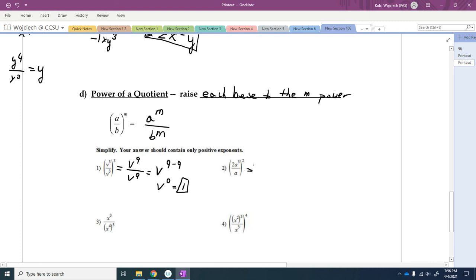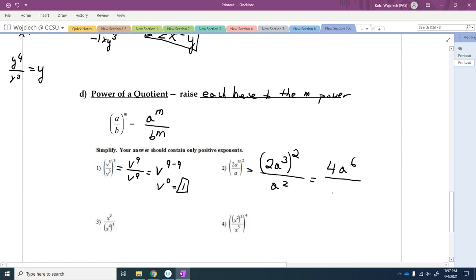Question number 2. You can rewrite this as 2a cubed to the second over a to the second. Now the numerator becomes 2 squared, which is 4. A cubed to the second is a to the sixth.